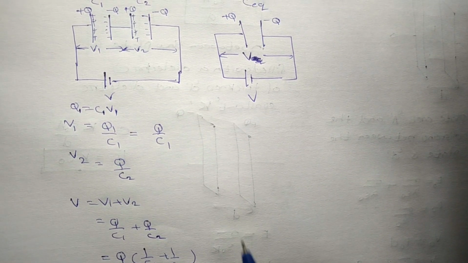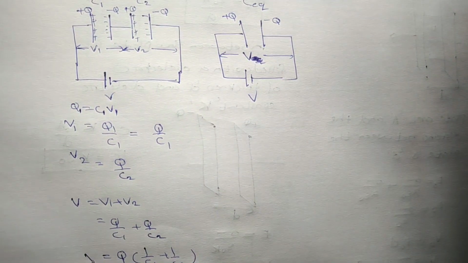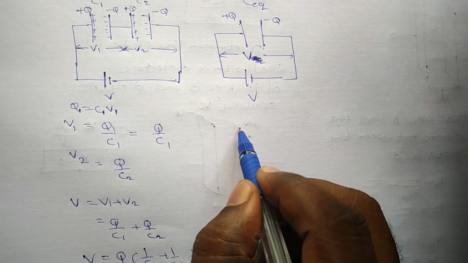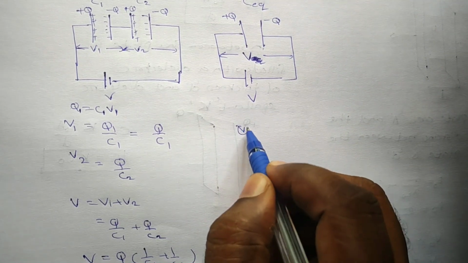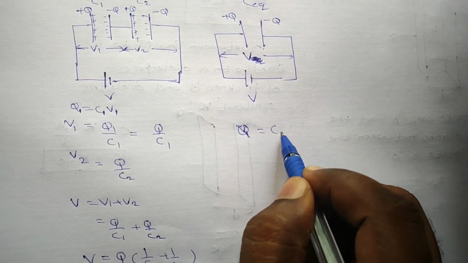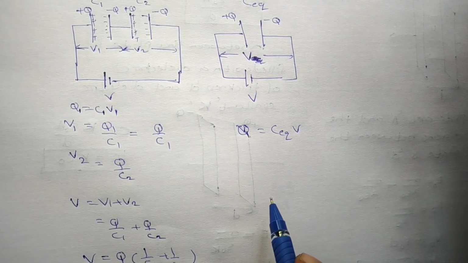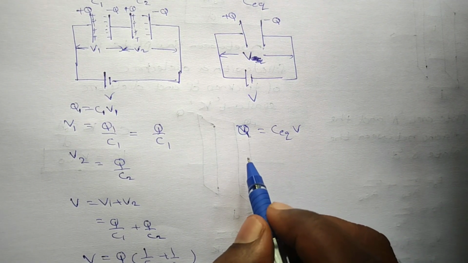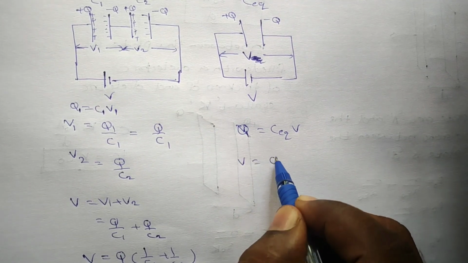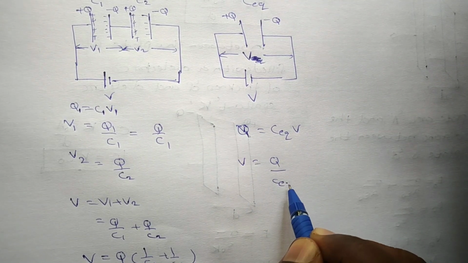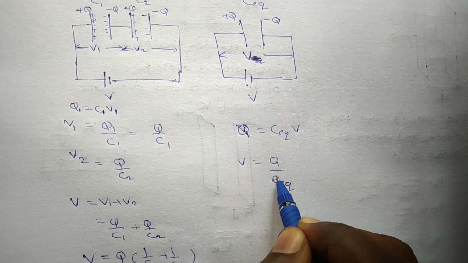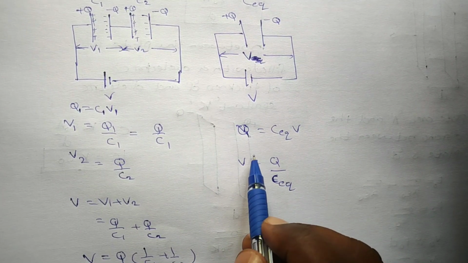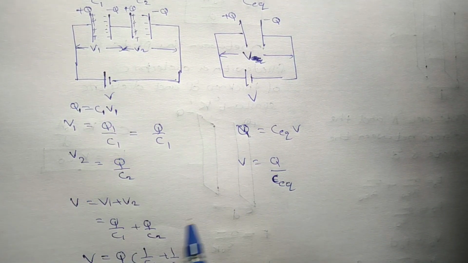So I will compare it with this system. What about this voltage? We know the charge Q is equal to C equivalent into V. So from this, V is equal to Q by C equivalent. This is also V, this is also V. So we can equate them.